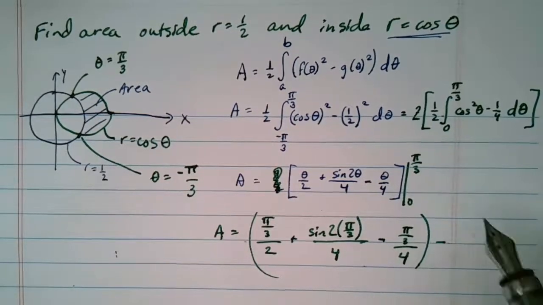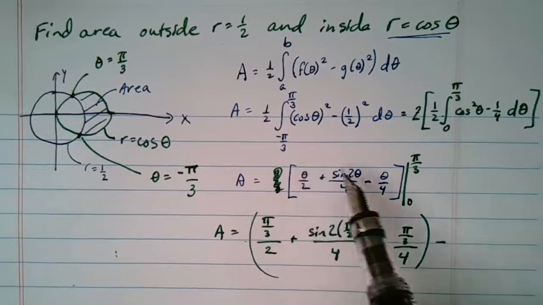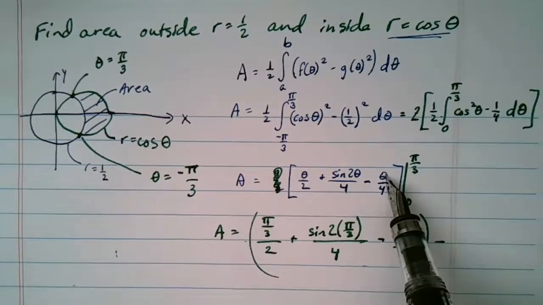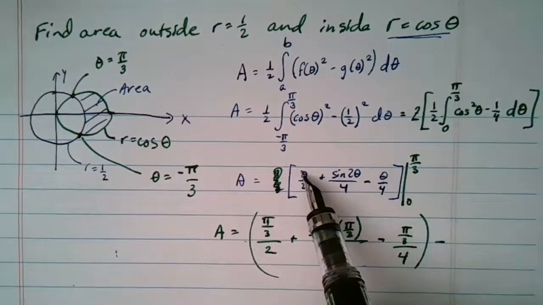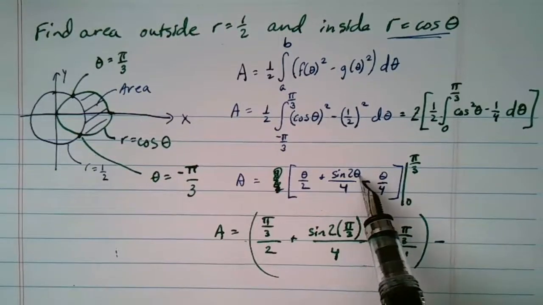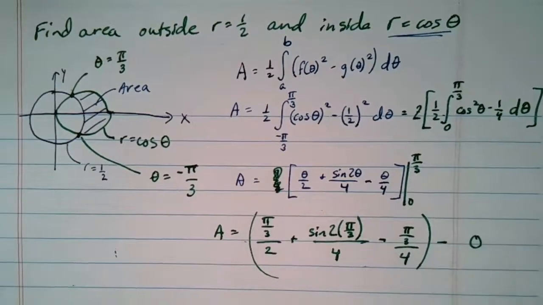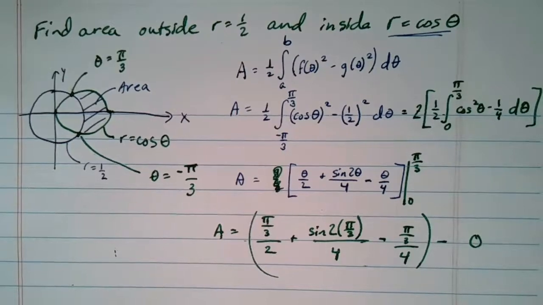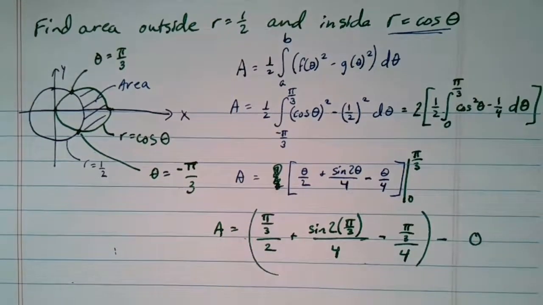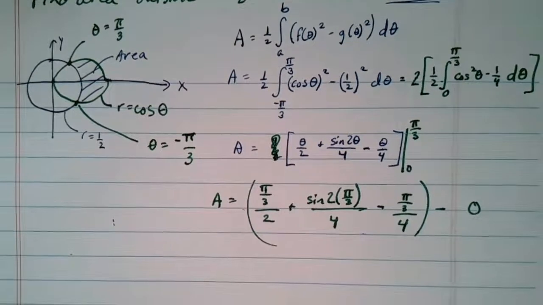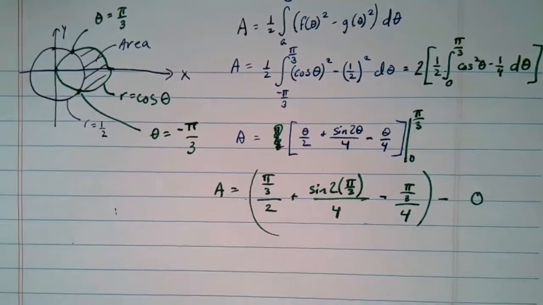And then minus, and since all of these have a theta, that theta is 0, and sine of 2 times 0 is 0, so that's all going to be minus 0. So by using this symmetry and multiplying by 2, I get to save myself a little heartache and a little hassle. If you do this the way I had it set up originally, you're going to get the same answer. Just going to be a little more math involved.